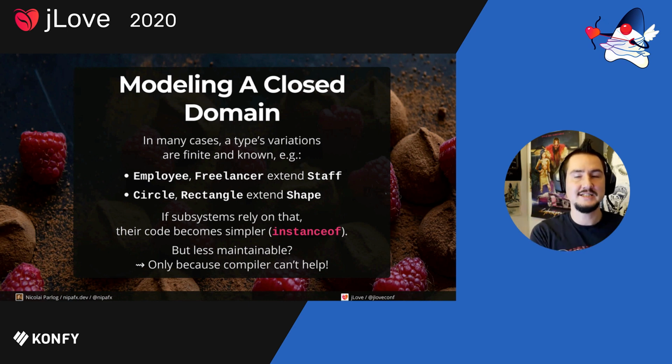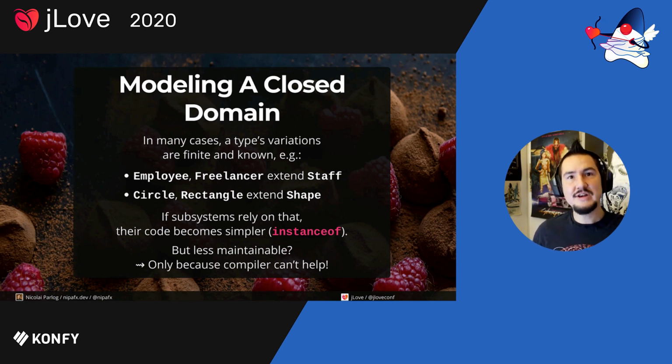We have employees and freelancers and no other staff. That's not uncommon, right? It's very common that you don't have various implementations coming up wherever, but that you have a pretty exact idea of what your implementations will be.